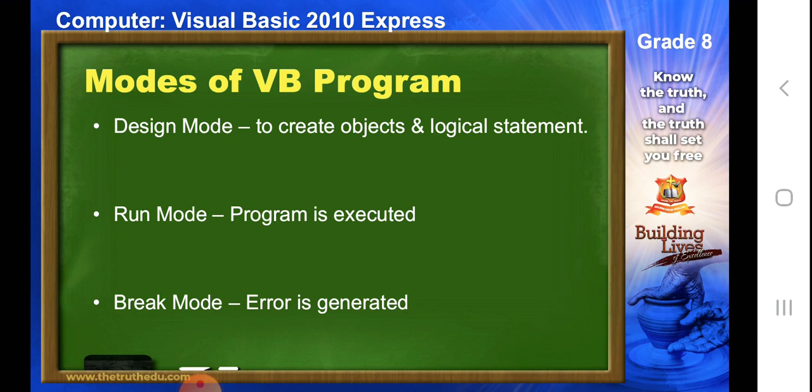When an application generates an error and you don't get the desired result, then we halt the execution by using the break mode. Break mode also identifies the errors and tells us that this is the problem with the application, and we go ahead and correct them. So break mode is a kind of guide for us, which tells us, if anything goes wrong in the program, what is wrong in the program.